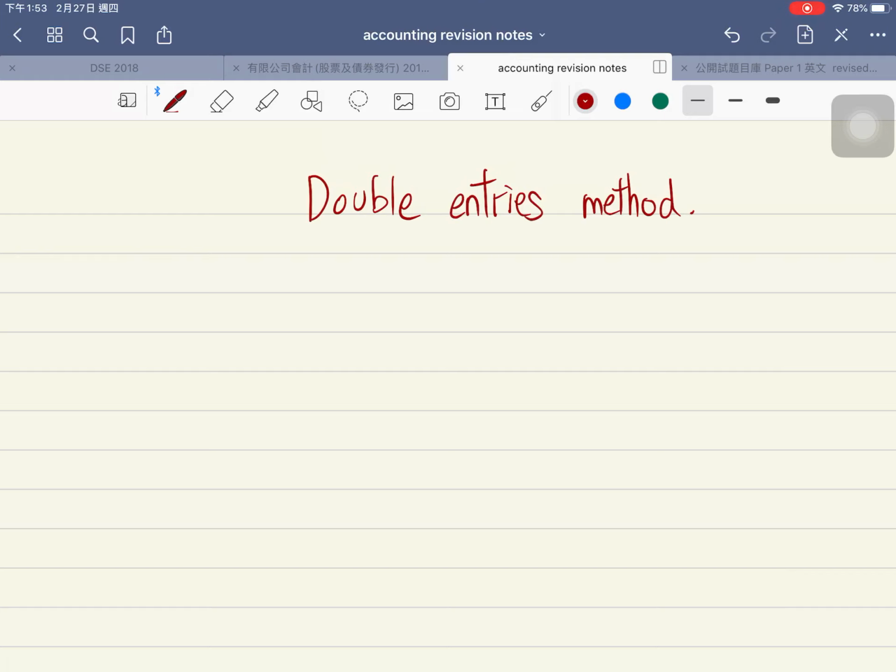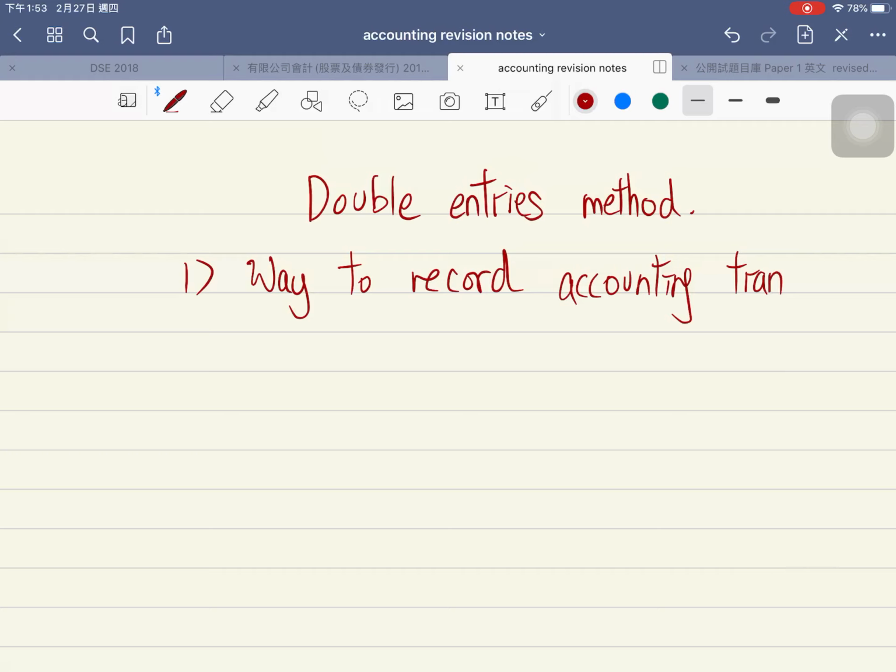Okay, so the first point is double entry method is a way to record accounting transactions. So it will be entered twice. So we call it double entry.